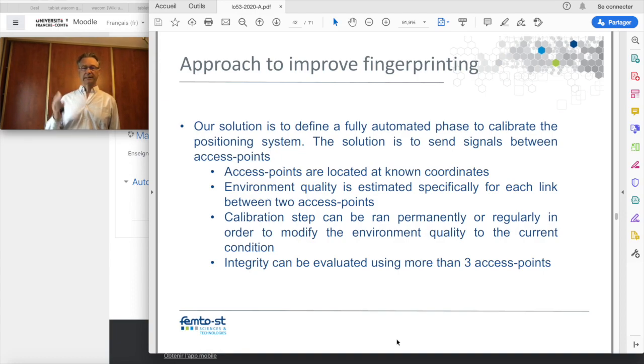So this calibration function is not only run at the beginning, but permanently, regularly, all over the day, in order to have a good estimation of the area. If you want to use integrity, it's also possible, but you need for that more than 3 access points, and I will explain a little bit more about that on the next slides.